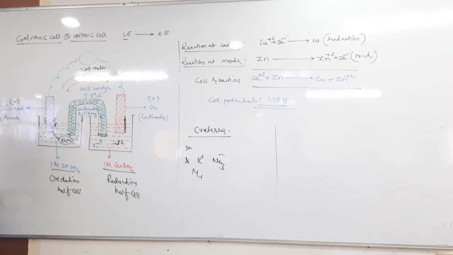Salt bridge, it is a U-shaped glass tube containing a saturated solution of KCl or KNO3 or K2SO4 or ammonium chloride with agar agar or gelatin.